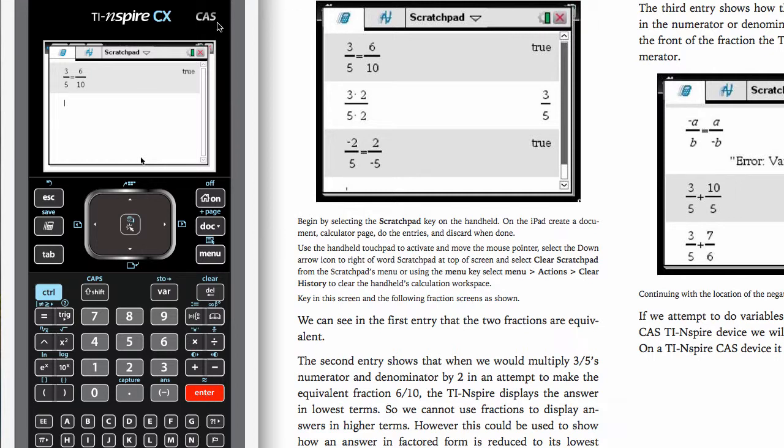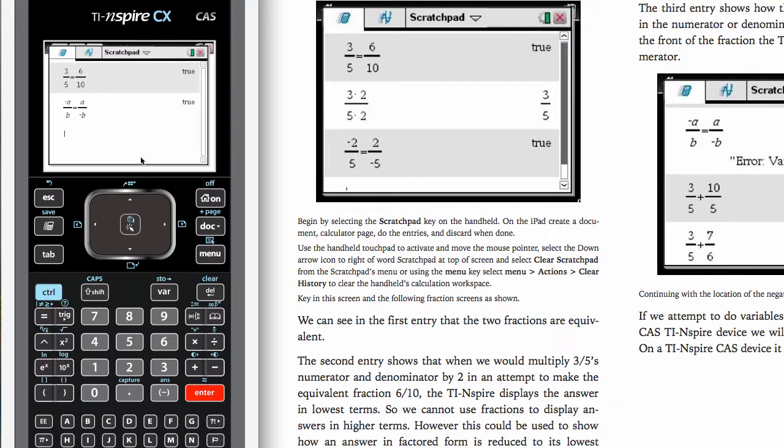So since this is a CAS model, if I attempt to put this into my calculator, I'll use the fraction template and put in minus A over B equals, move over, press equal, and then A over a negative B, fraction template, A, move down, the opposite of B, press enter, it will say true.